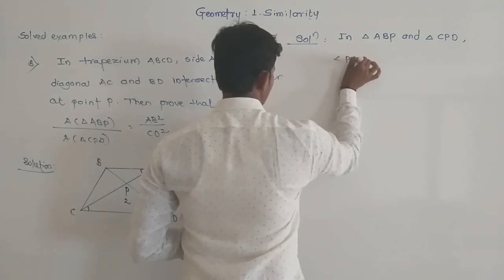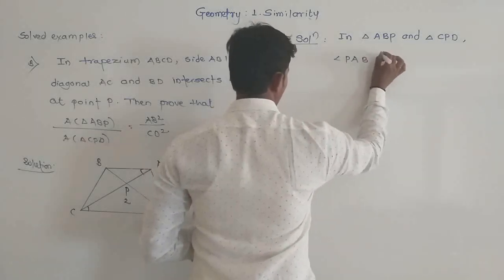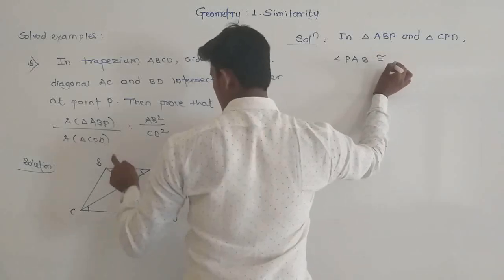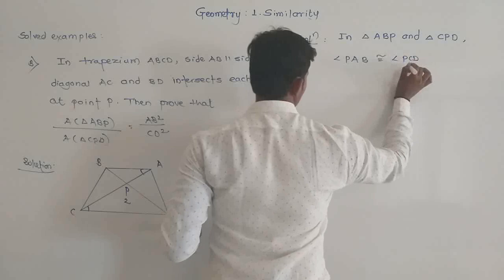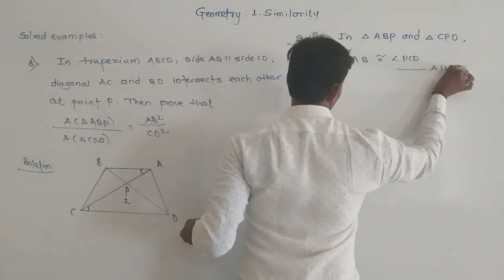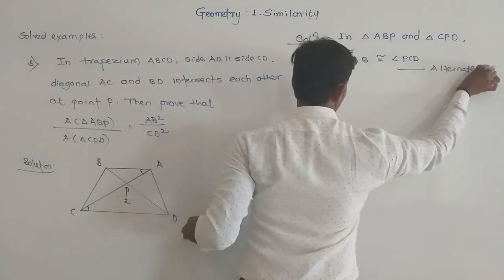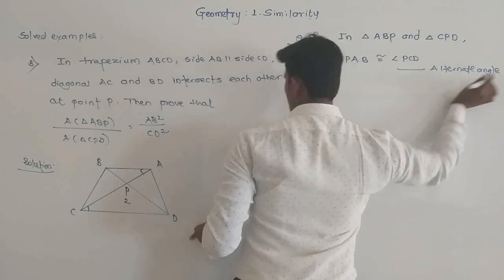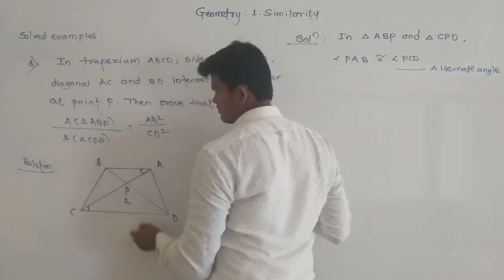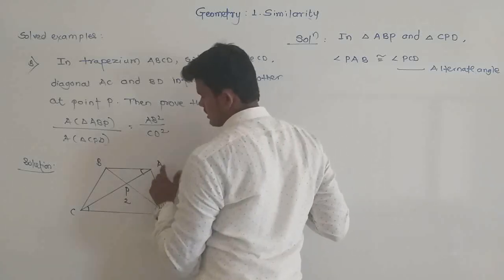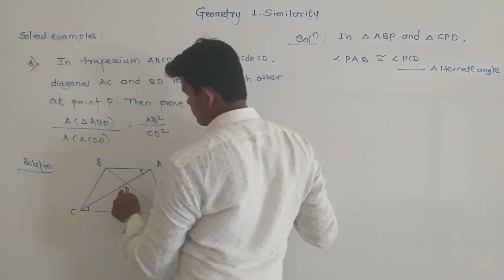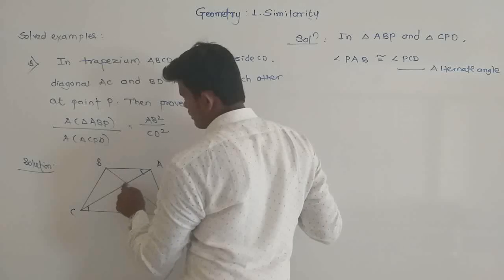Angle PAB is congruent to angle PCD, alternate angles. Why are they alternate angles? Because ABCD is a trapezium whose two sides are parallel. That is, AB is parallel to CD, and for that AC is the transversal. So we get angle PAB is congruent to angle PCD.